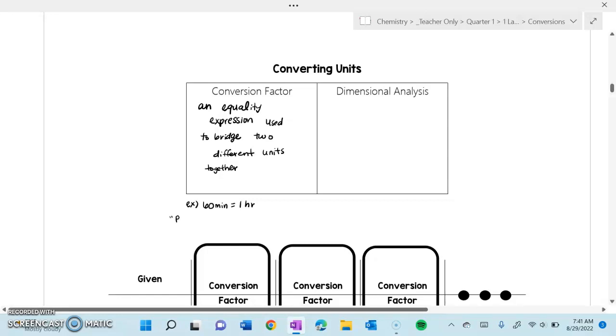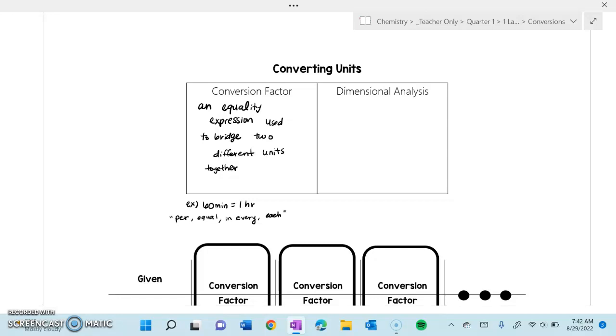So you might see the word per, like miles per hour, or of course equal. In every, maybe you're saying there are 12 inches in every foot. Or each, there are 100 centimeters in each meter. Those are some words to look for in a word problem conversion factor: per, equal, in, every, each.